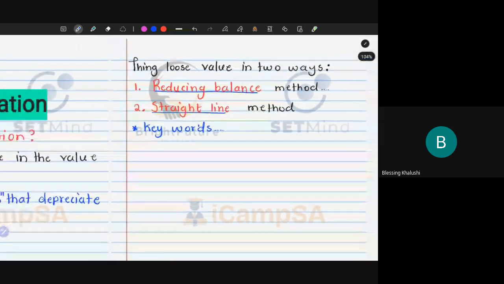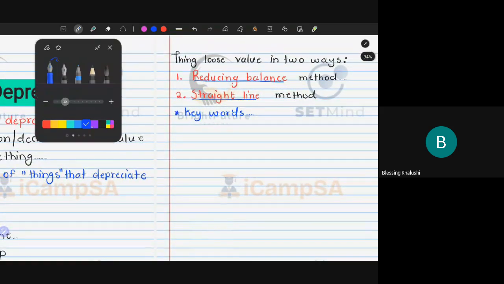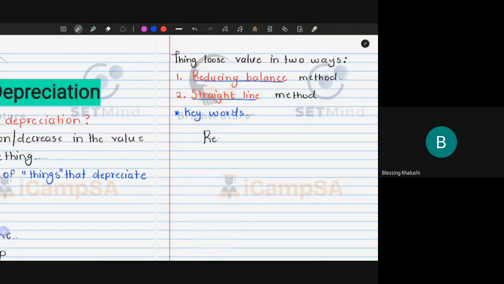So when we say straight line, what do we mean? Well, let's start with the reducing balance method. Whenever they say something is losing its value or depreciating in a reducing balance method, what you should remember is this equation: A equals P times (1 minus i) to the power of n.